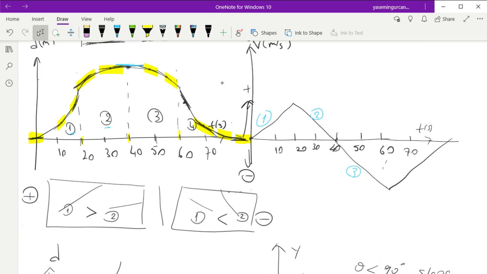That's why I started my velocity value from 0, and it increased in the positive sense, decreased during region number 2, reached 0 velocity again at 40 seconds, then increased in the negative direction, and then started to decrease in the negative direction, and at some point after 70 seconds, I don't know when, it's going to reach 0 again.